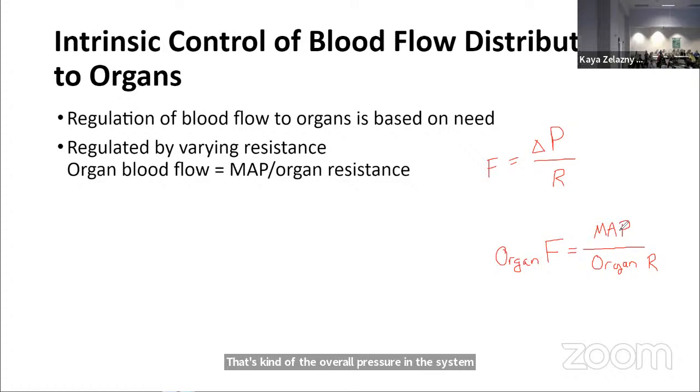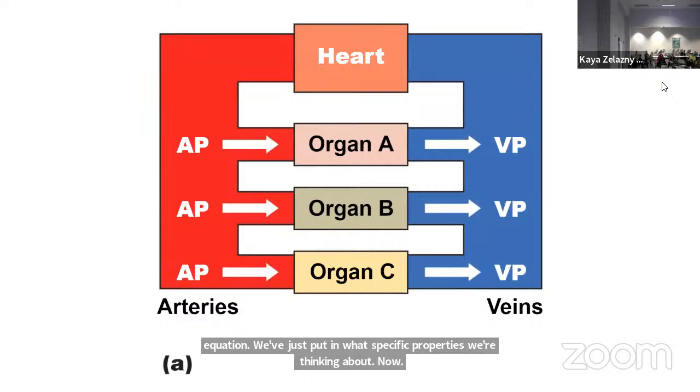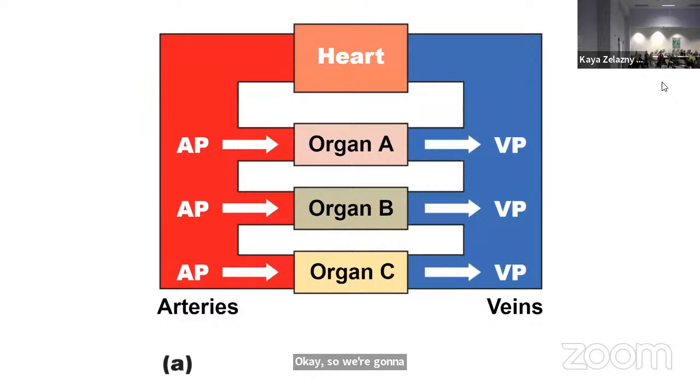We could subtract out venous pressure, but it's negligible, so we're not bothering. So this is still that same equation; we've just put in what specific properties we're thinking about now.